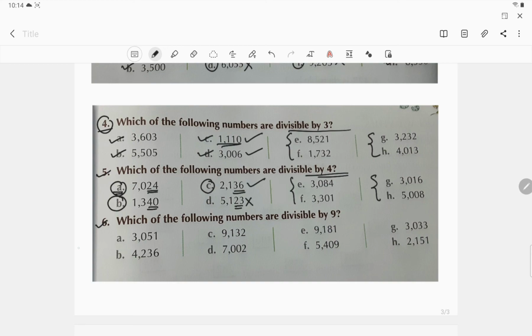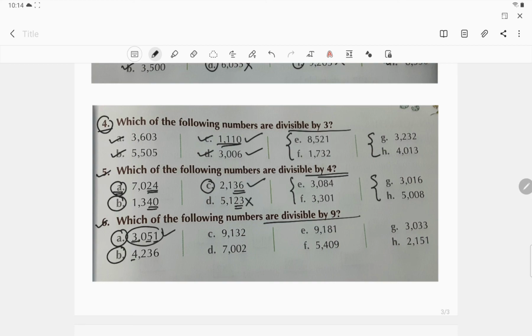Okay. 6 number, is it divisible by 9? You have to check, and here you have to apply the same logic as you applied for 3. Add the digits. You know 3 plus 5 is 8 and 8 plus 1 is 9. Since the sum is divisible by 9, the whole number is divisible by 9.